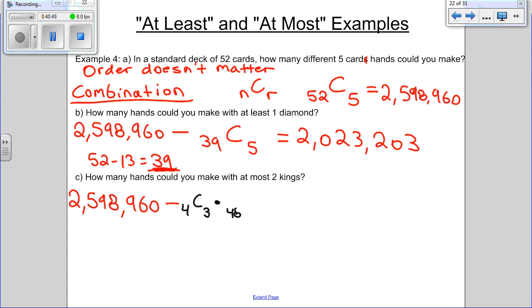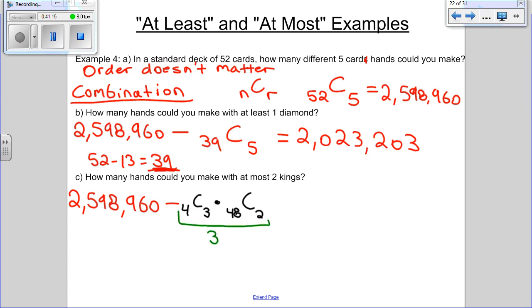There's 48 left. You need to choose 2 of them. This is the situation for 3 kings. You also need to subtract if you got all 4 kings.